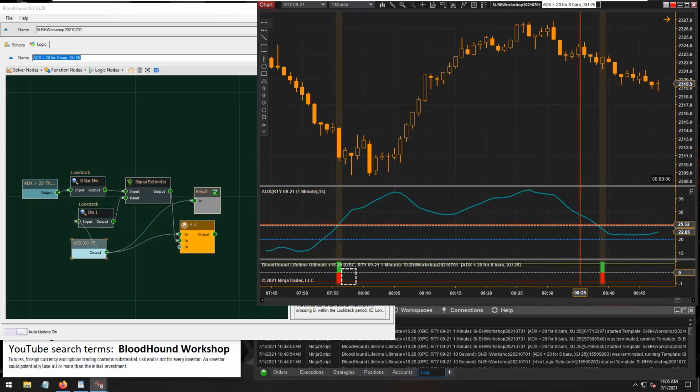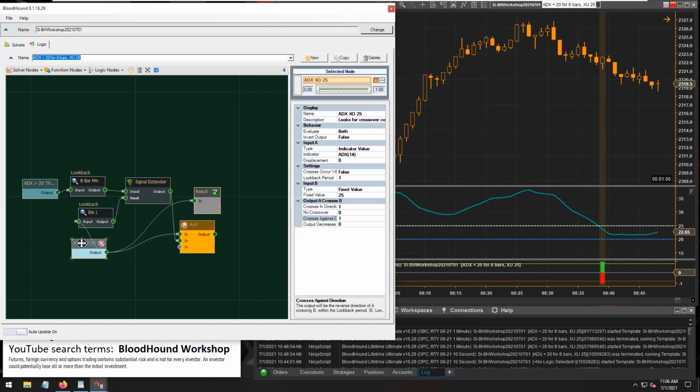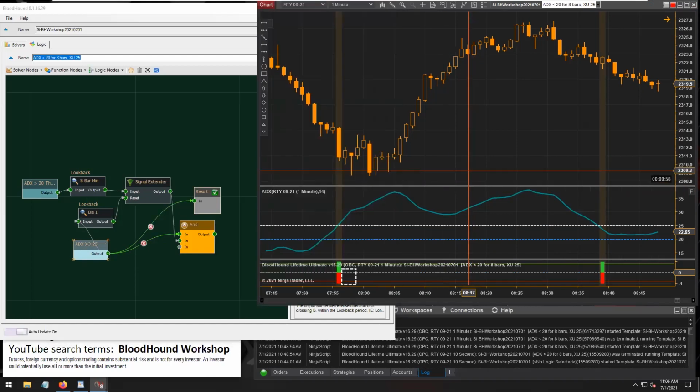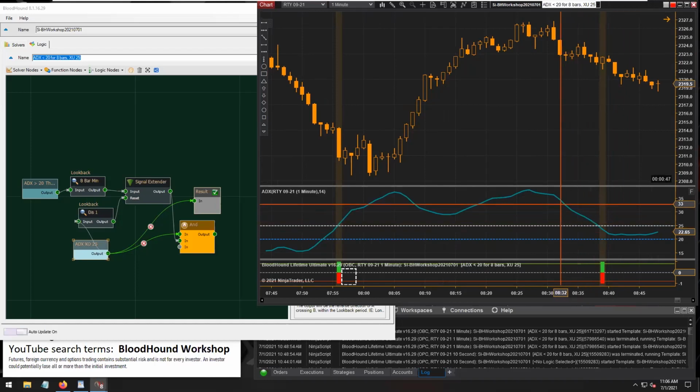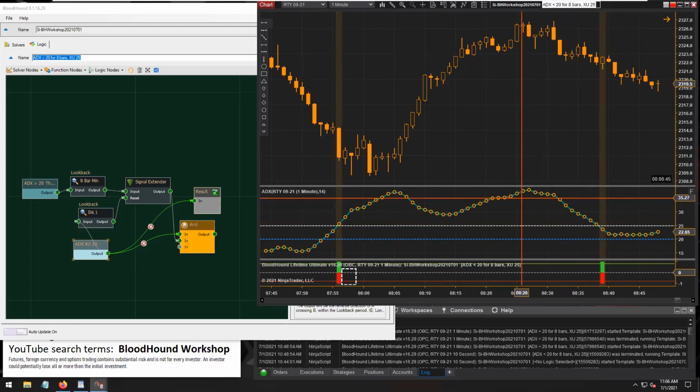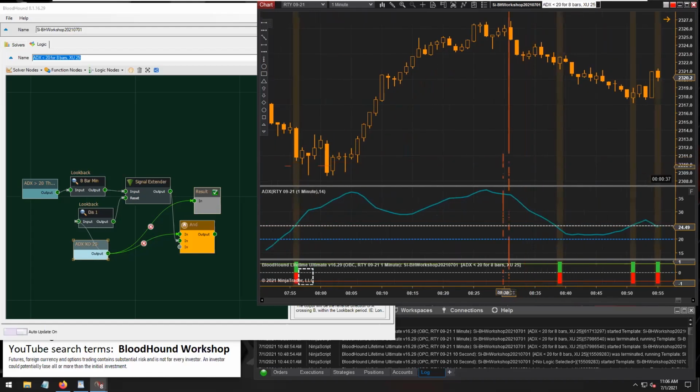So you'll notice we're getting a long and a short output from our crossover solver when that ADX crosses above 25 and below 25. So when it crosses below 25, that's just going to be ignored because obviously the indicator was not less than 20. So this cross down just gets ignored. It's not going to affect anything with the system there.